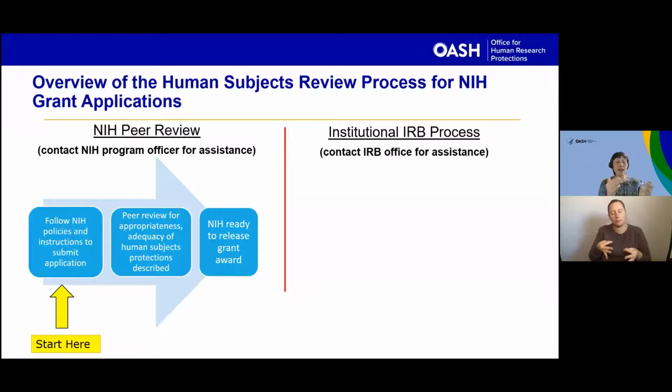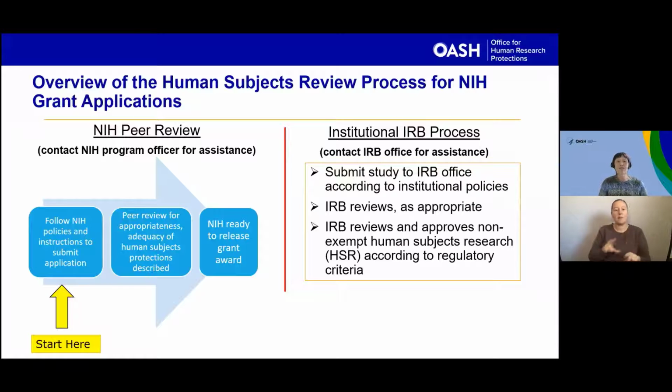And then NIH would make a decision as to whether they're ready to fund that particular project. So what happens on the other side? At your institution, and at this point I want to mention that research grants from the NIH are mostly given to institutions, not individuals.